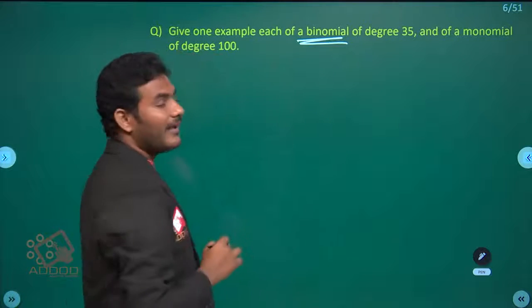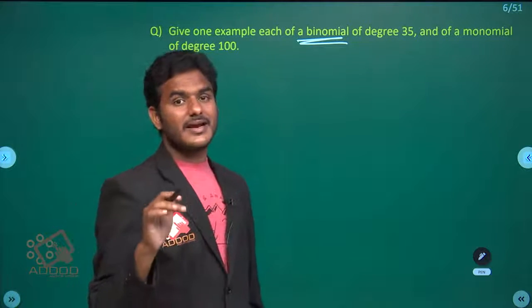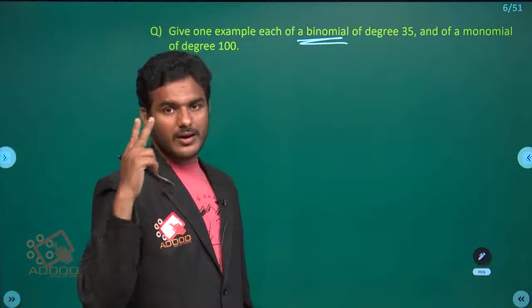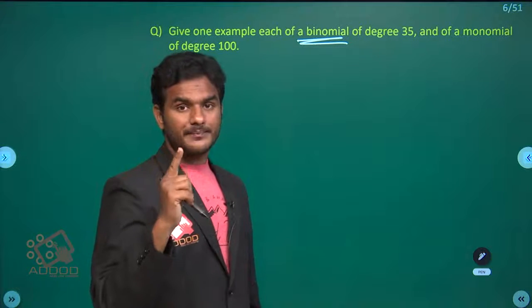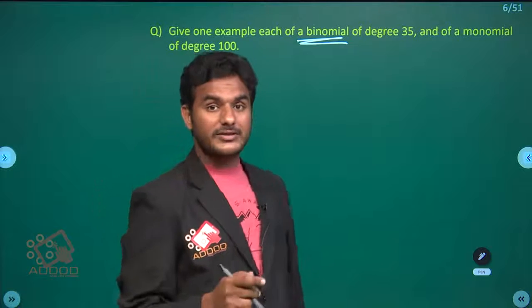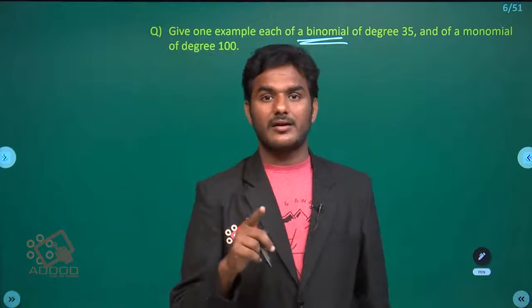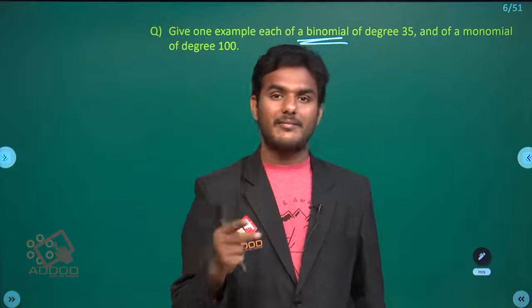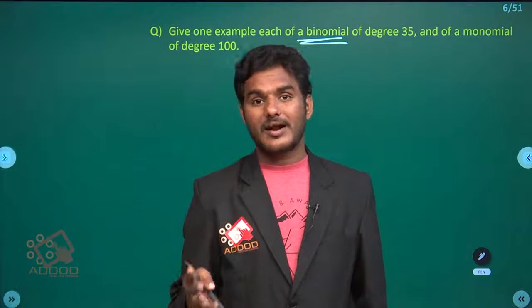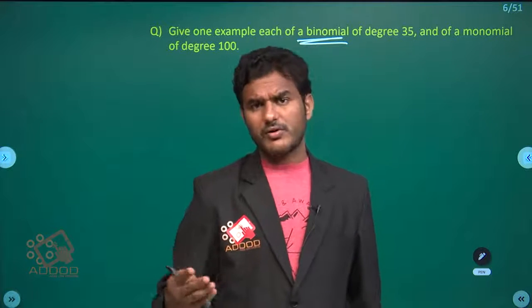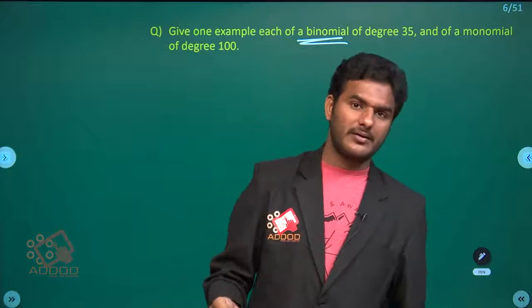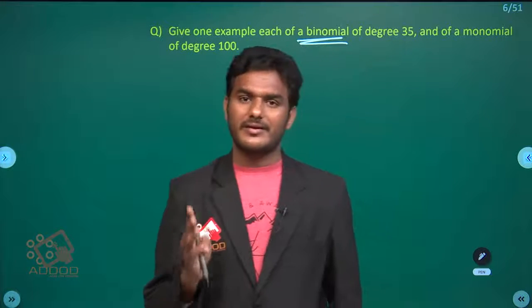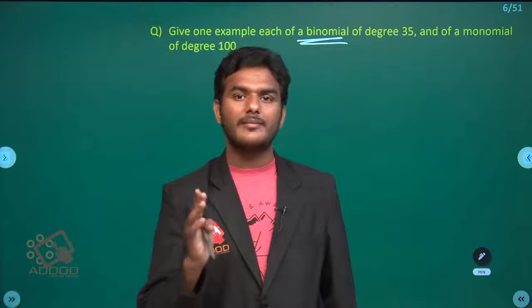An expression which contains two terms can be called a binomial. A monomial has one single term. An algebraic expression which contains only one term can be called a monomial. Two terms, binomial. Three terms, trinomial. Three or more than three terms, then we can call that a multinomial.